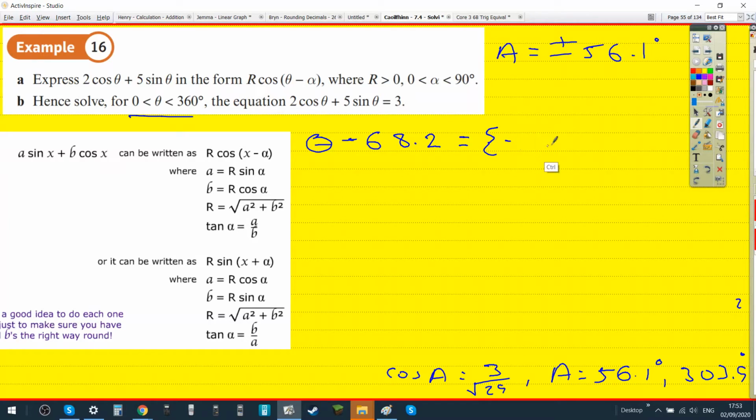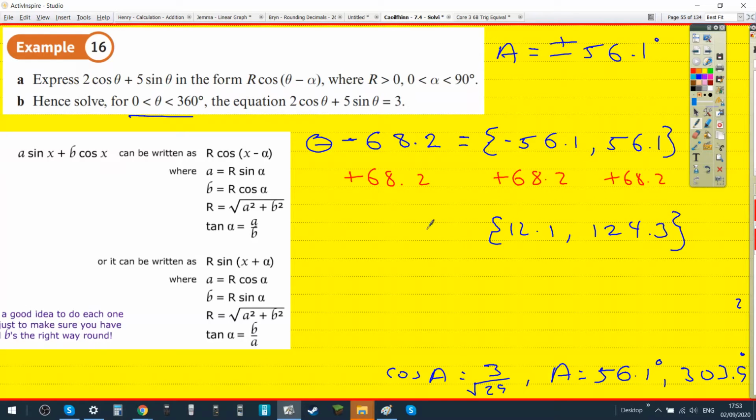So theta is equal to A plus 68.2. So we have to add 68.2 to the answers. So minus 56.1 plus 68.2 gives us 12.1, and positive 56.1 gives us 124.3.